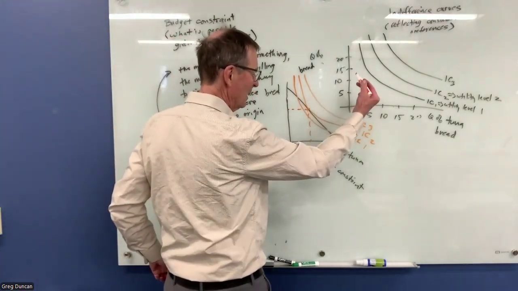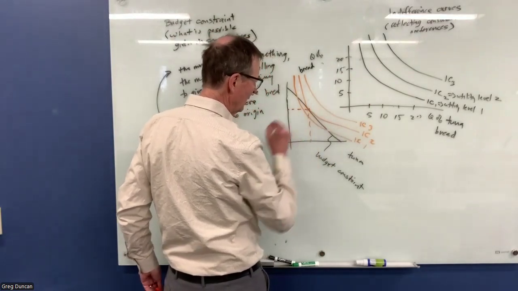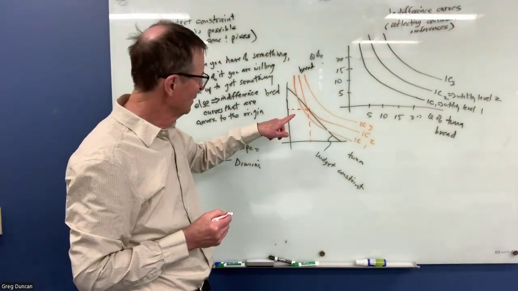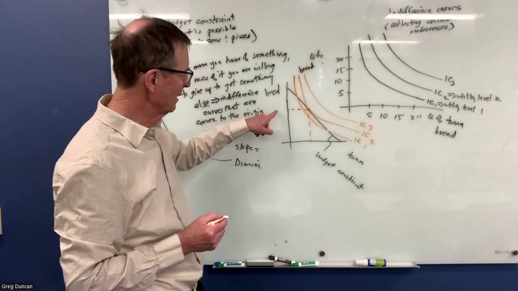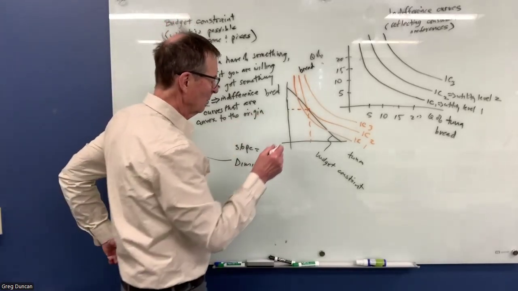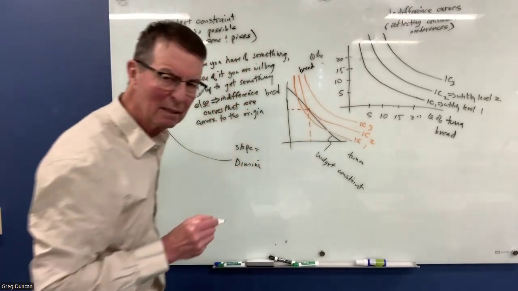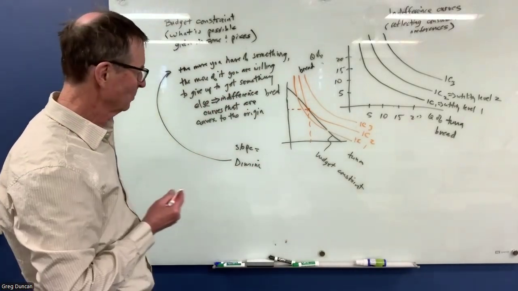We want to be as high up as possible. And this indifference curve 2 is just touching the budget constraint, right? So it's representing combinations of tuna and bread in this case that are associated with the highest possible level of utility that a consumer could get facing this budget constraint.